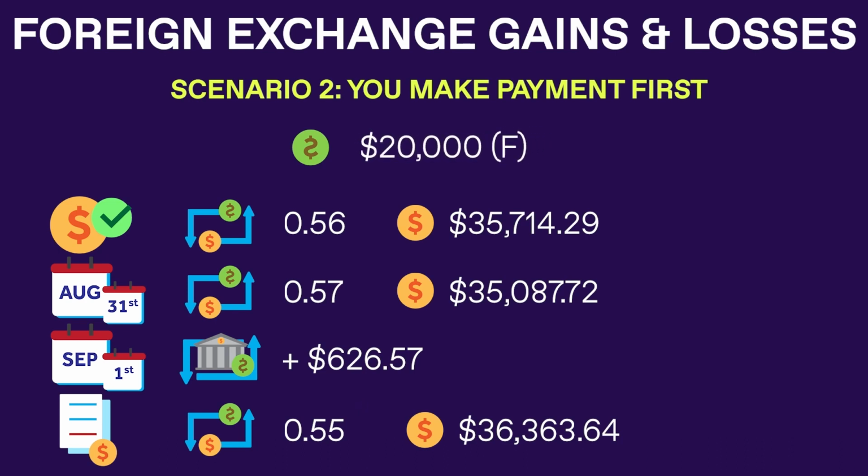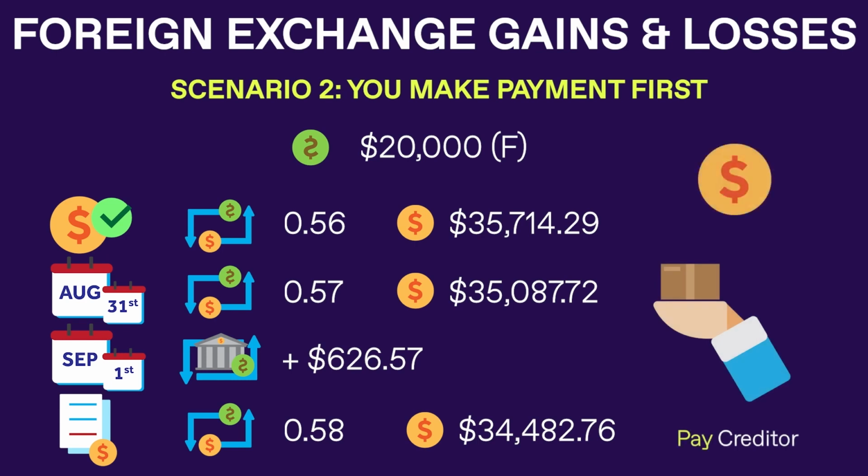So we'll say $20,000 was the original payment. The invoice date reflects a foreign exchange value of 0.58, which means the invoice is worth $34,482.76. We would then have a trade creditor of $34,482.76 that we're paying.